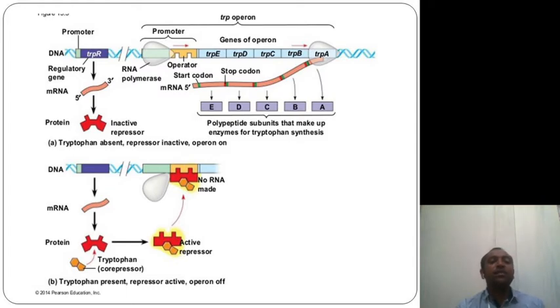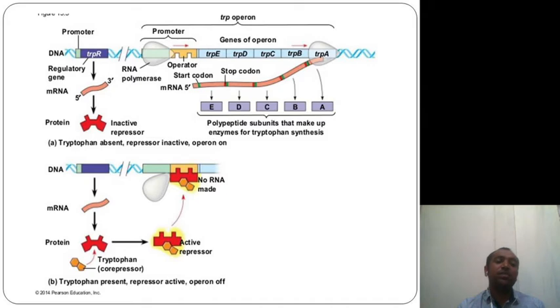Now let us see a different case where tryptophan is present in the medium. As such, this regulatory gene will undergo transcription and will produce a messenger RNA, and that messenger RNA will again produce the protein. Now this protein will again be an inactive repressor. What happens when tryptophan is present in the medium? This tryptophan will function as a co-repressor and will bind to the inactive repressor.